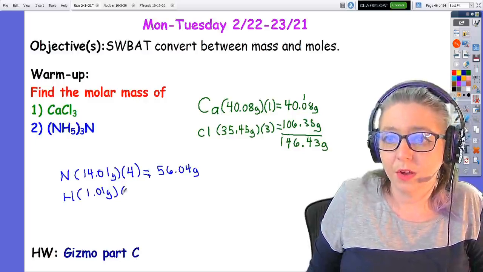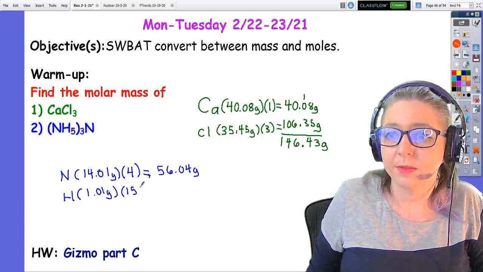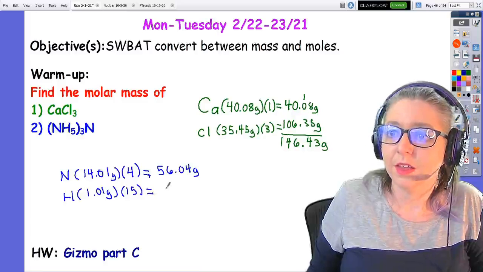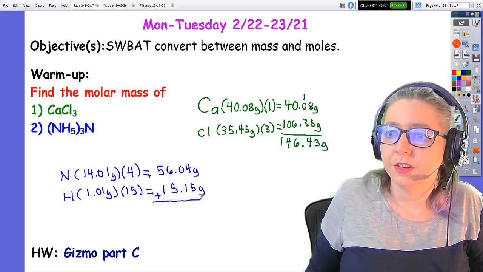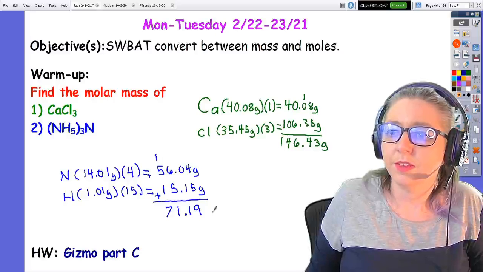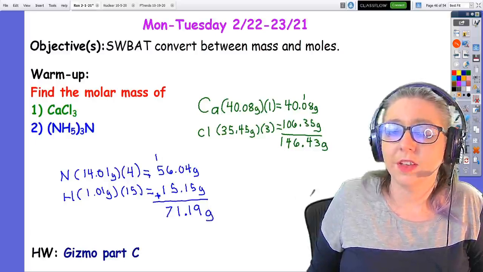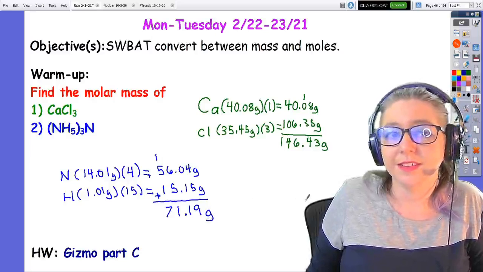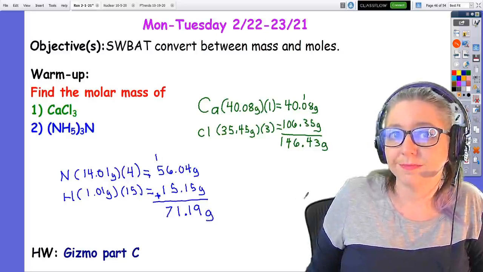So I have 1.01 grams times my 15 atoms gives me a total of 15.15 grams. So I'm going to add these two together. 9, 1, 1, 3, the 1, 7. So my molar mass of NH5,3N is 71.19 grams.